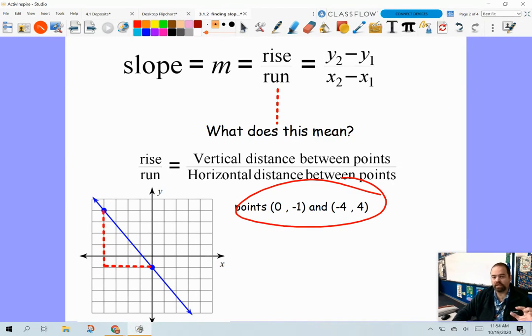So we're literally going to count the vertical distance and the horizontal distance between the points. Keep in mind that if you count down or left, those are negative values. If you count up and right, those are positives.